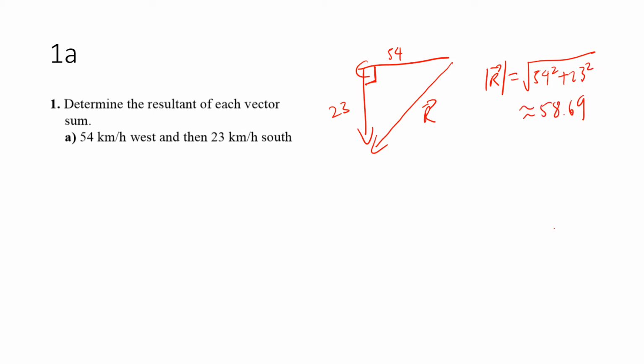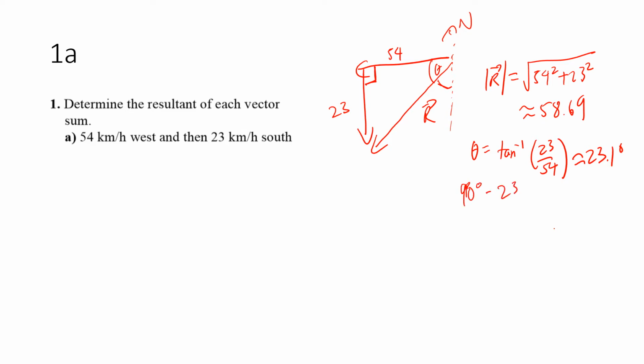Next up, we can use the tangent ratio to get this angle right here. Then we can find the bearing. So theta is just the inverse tangent of 23 over 54, which is around 23.1 degrees. Now from the true north line, if this is 23.1 degrees, this would be 90 minus 23.1 degrees, right?